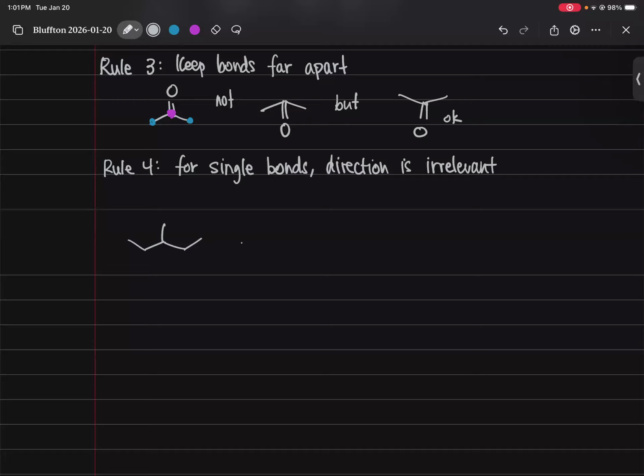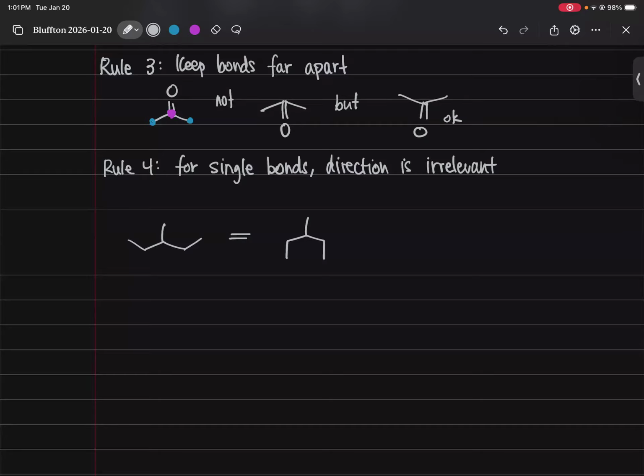So this structure is exactly the same, 100% identical to this. All I've done here is take these end carbons on the left and the right, and I've just bent them down.